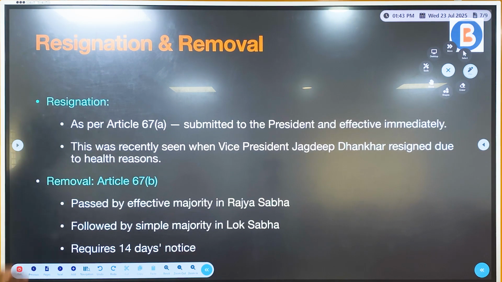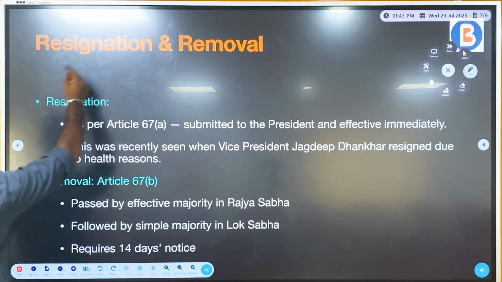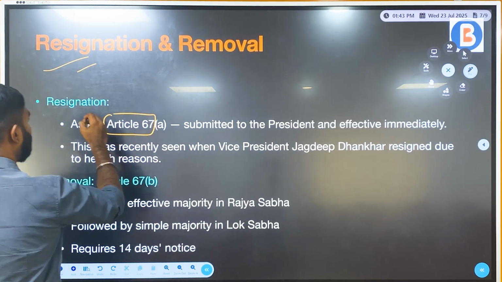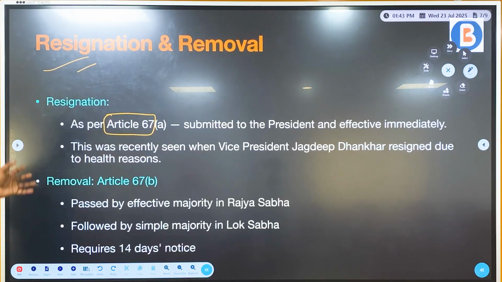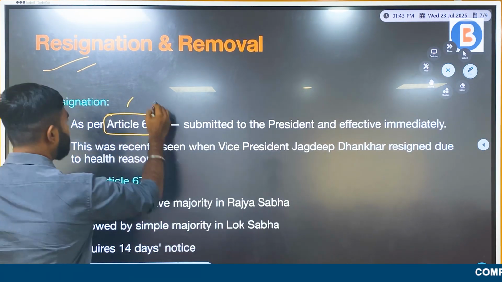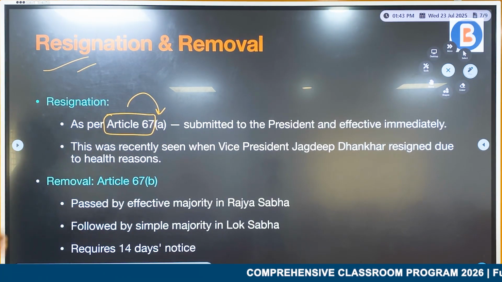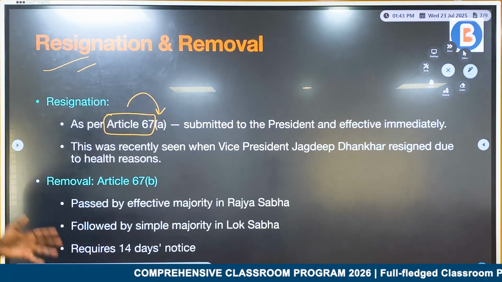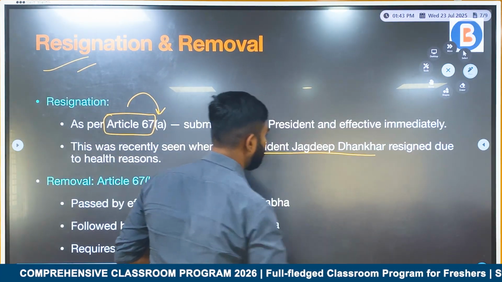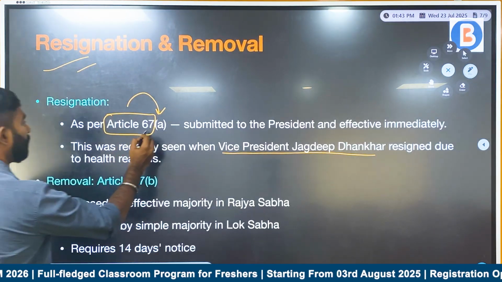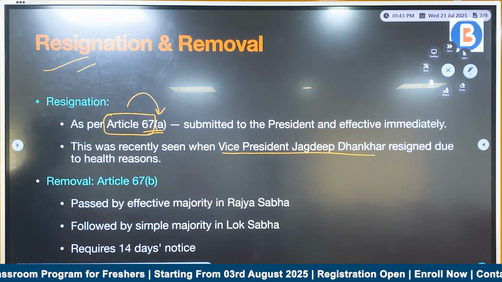Now the main issue of today is the resignation. Article 67 of the Indian Constitution talks about the resignation or the removal of the Vice President. Article 67A specifically talks about the resignation of the Vice President, much like how Vice President Mr. Jagdeep Dhankhar has resigned, which is in the news.